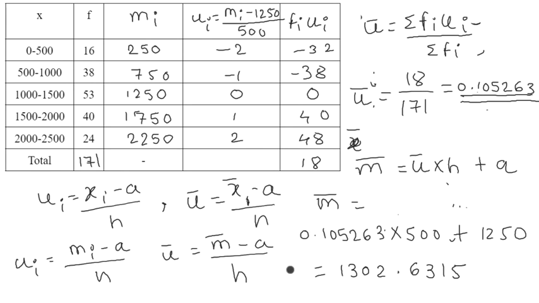So this is the final arithmetic mean for our data, that is for our observation exercise. Since this data is in classes form, we took the middlemost observation, that is mi. So our answer is in form of m bar. But no problem if you write x bar is equal to 1302.6315.